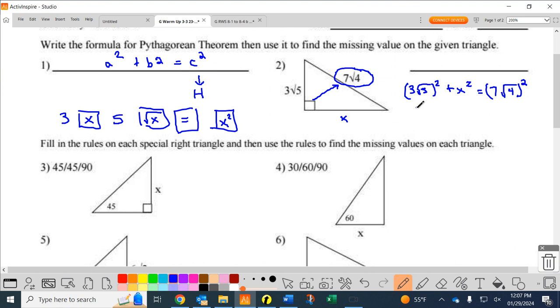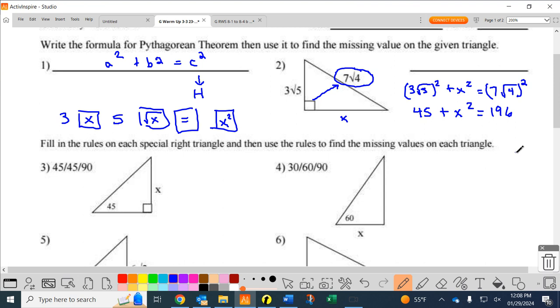Do we agree on the 45? Okay. Plus x squared equals, do that again for the 7 square root of 4 squared. 196. Are we in agreement? I just want to make sure we get there. Yeah? Okay. Good. Does anybody need me to type either of those again? You know I will. I just need you to ask. Anybody have any concerns about typing those at all? Can't use the calculator, none of this matters. You got to know how to type them in.